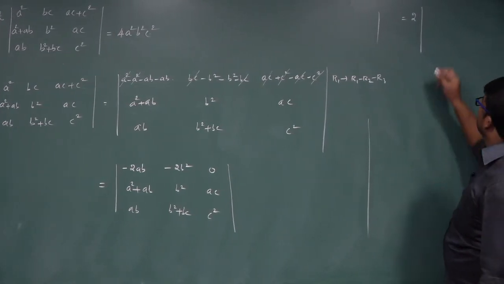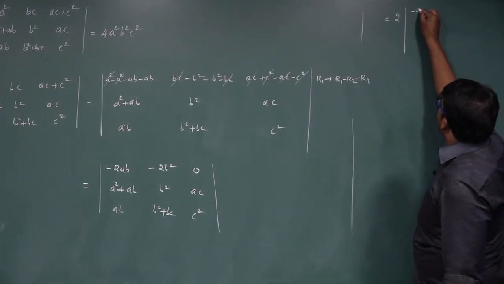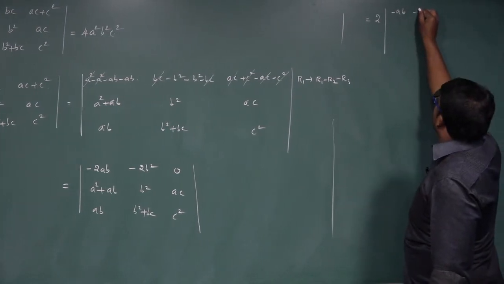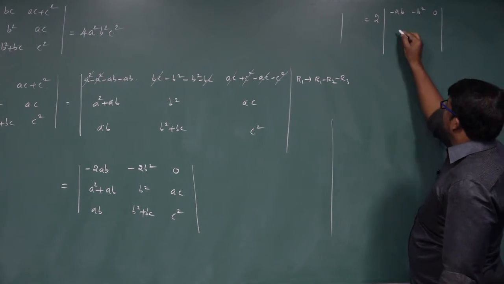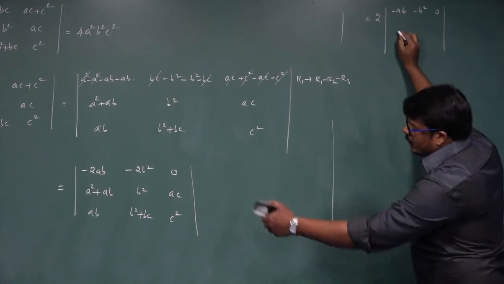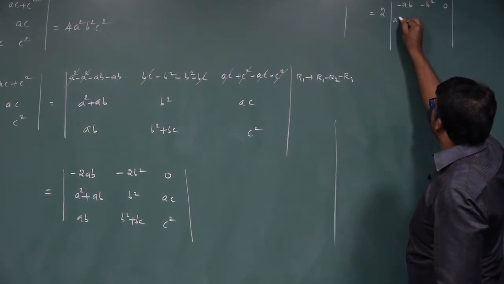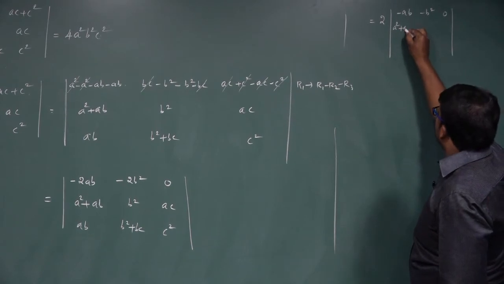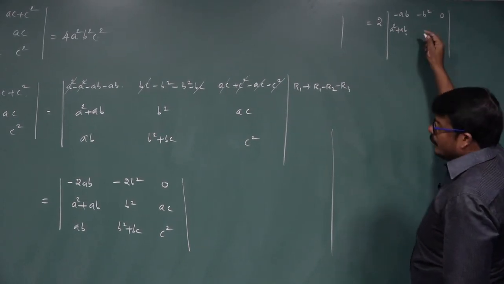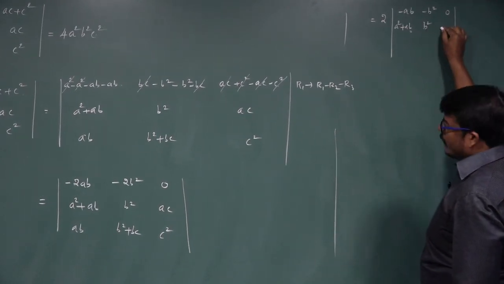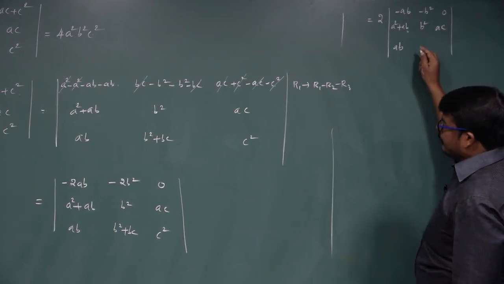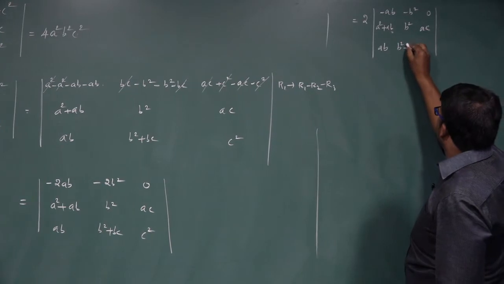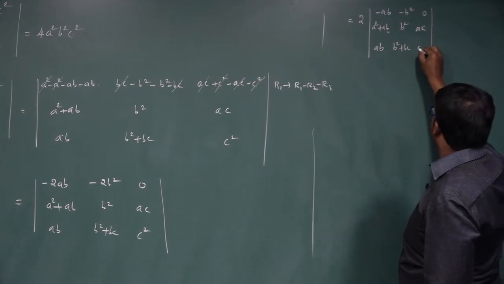Taking outside 2 into minus AB, minus B square, 0, and second row A square plus AB, B square, AC, and third row AB, B square plus BC, C square.